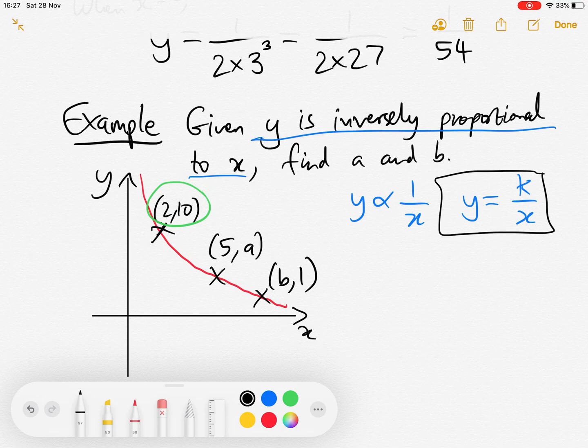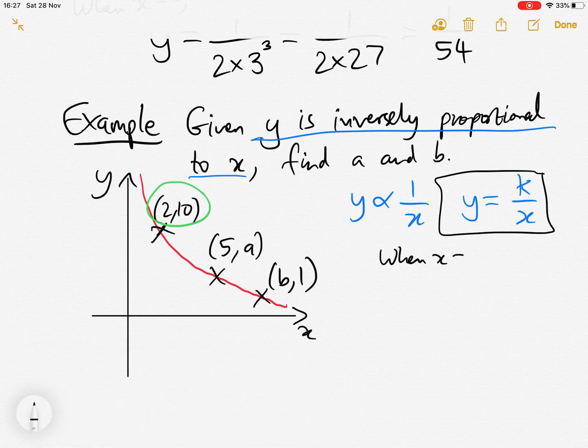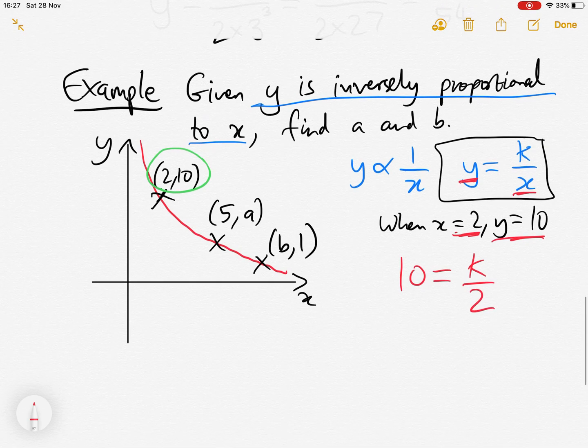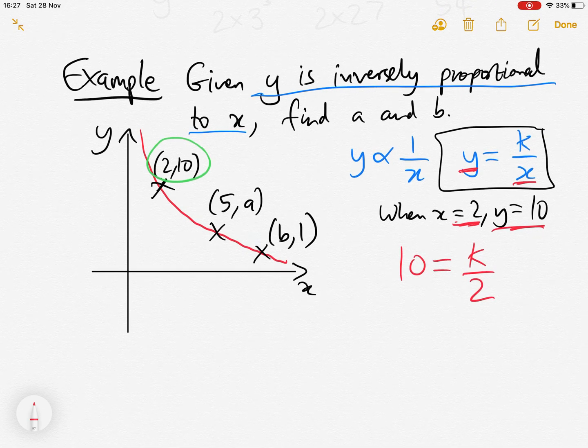So that would be the second step. So when x is 2, y is 10. So let's put that into this formula. So let's replace the y with 10 and the x with 2. And we get 10 equals k divided by 2. And then we need to find k. So what can we do to both sides? So we just need to get k on its own.